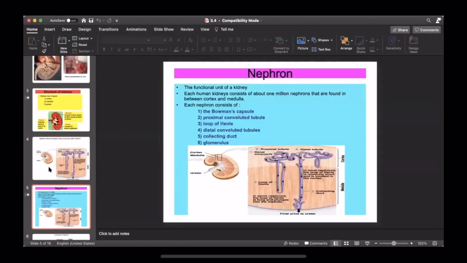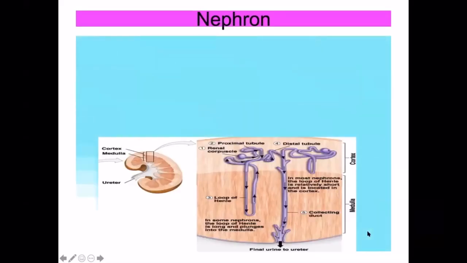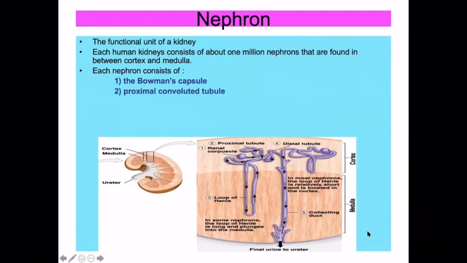Okay guys, so yesterday we learned that nephron is a kidney cell that contain 6 different things, which are Bowman capsule, proximal convoluted tubule, loop of Henle, distal convoluted tubule, collecting duct, and the last one glomerulus.